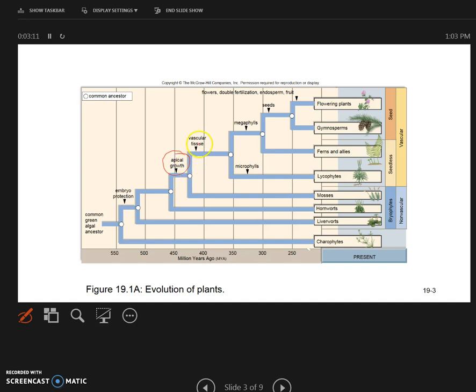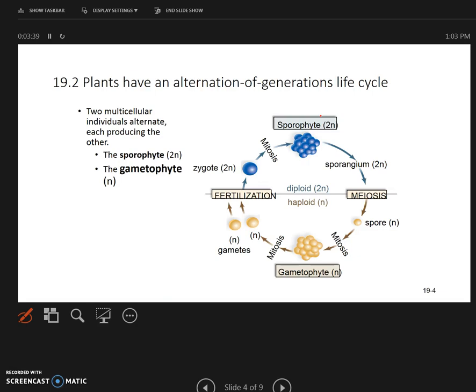We have vascular tissues, that means the xylem and the phloem. And then we have microphylls, very primitive leaf-like structures, so obviously we come to ferns. And then we have seeds, in which we have gymnosperms, and then we have flowers, endosperm, fruit, double fertilization, the flowering plants. All right, we'll talk about all this in detail, don't worry too much about it yet.